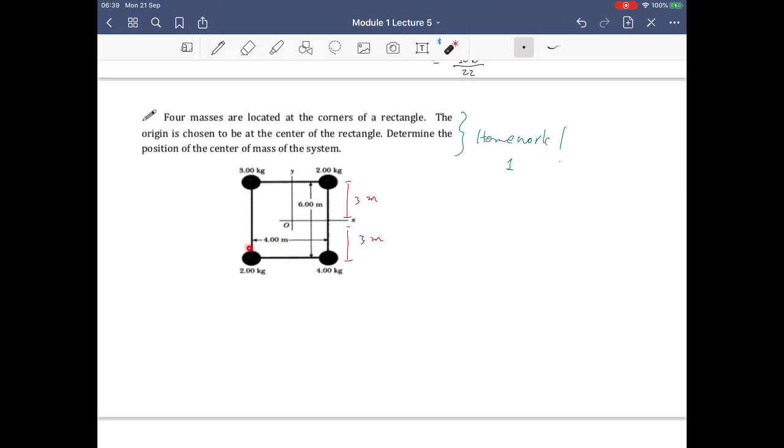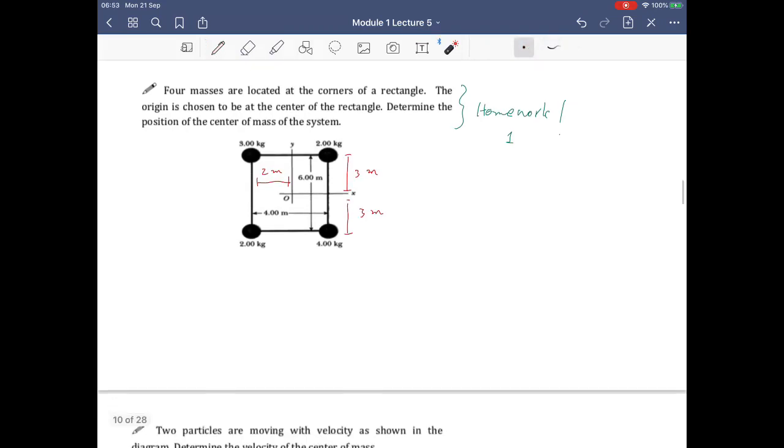And you can see that this whole thing is 4 meters apart. So that means here this is just 2 meters basically. Now that you have this information, you should be able to calculate the position of the center of mass. That is your homework.